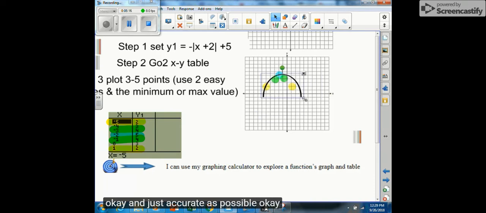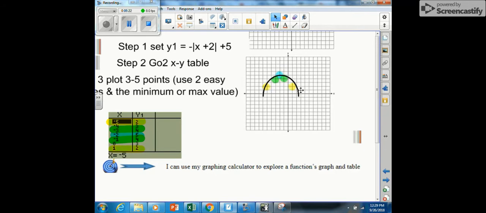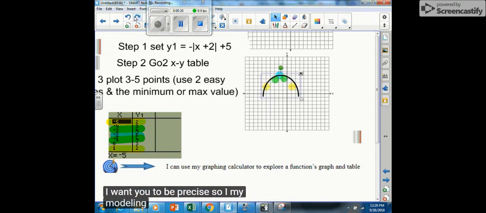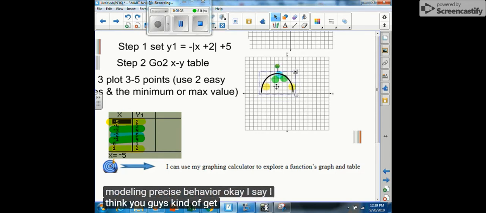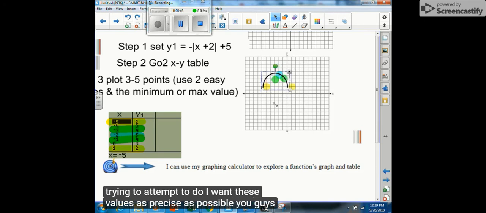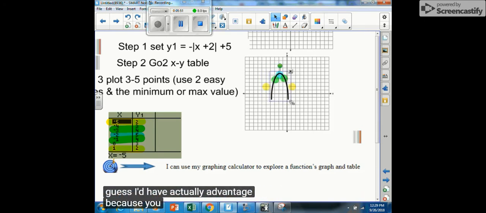I know I'm being precise, but I want you to be precise, so I'm modeling precise behavior. So I think you guys kind of get what Mr. McCray is trying to attempt to do. I want these values as precise as possible. You guys are actually at an advantage because you can kind of do it by hand.